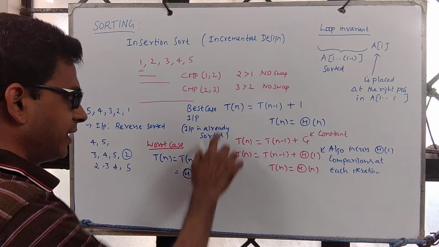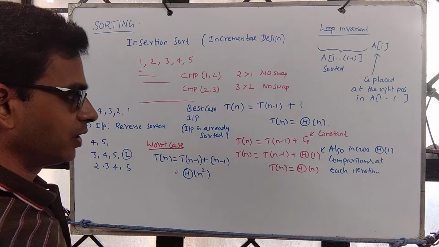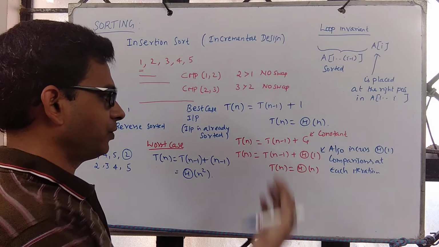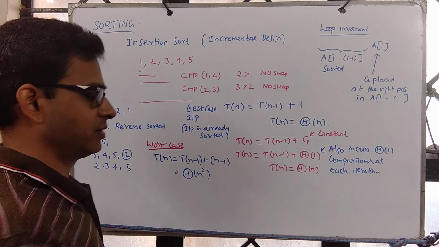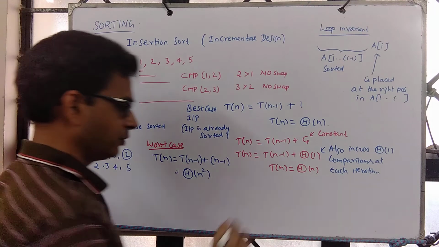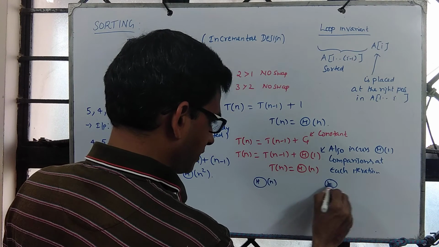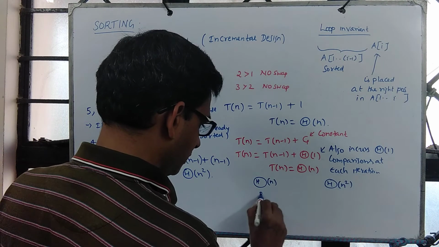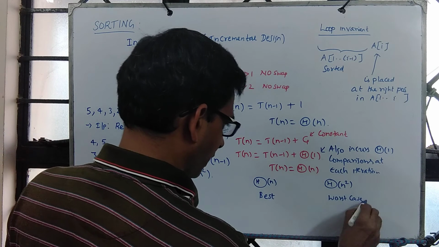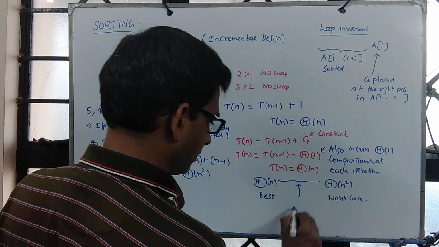Now, the best case input is this, and the worst case input is this. For an arbitrary input, we don't know. If the arbitrary input falls into the best case, then we need theta of n. Otherwise, we need some value between theta of n and theta of n square. So an arbitrary input takes some value between this and this.